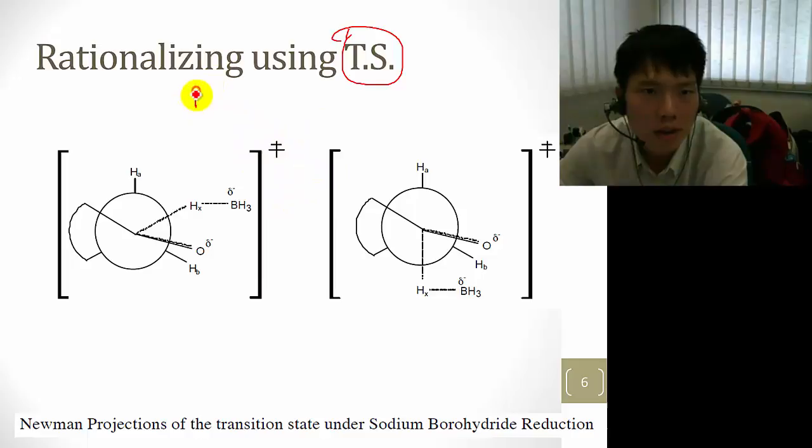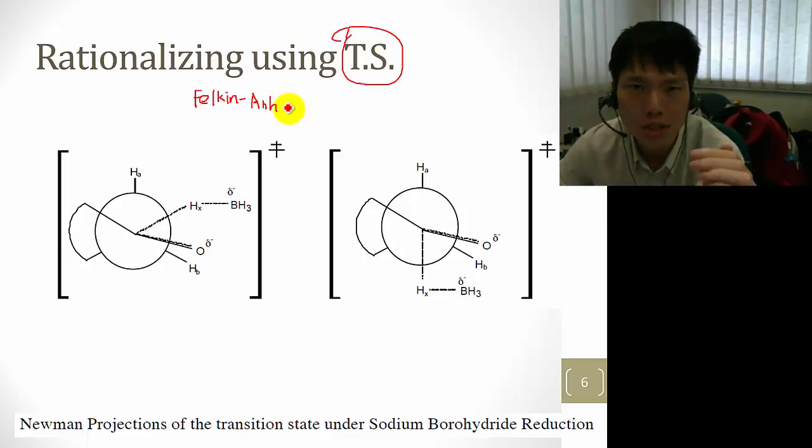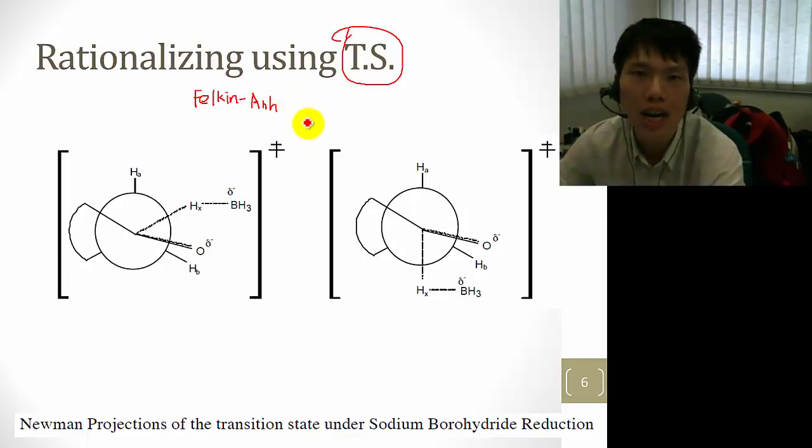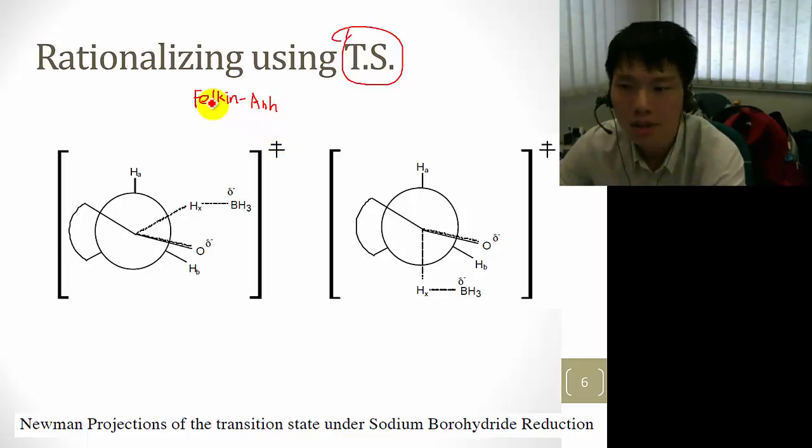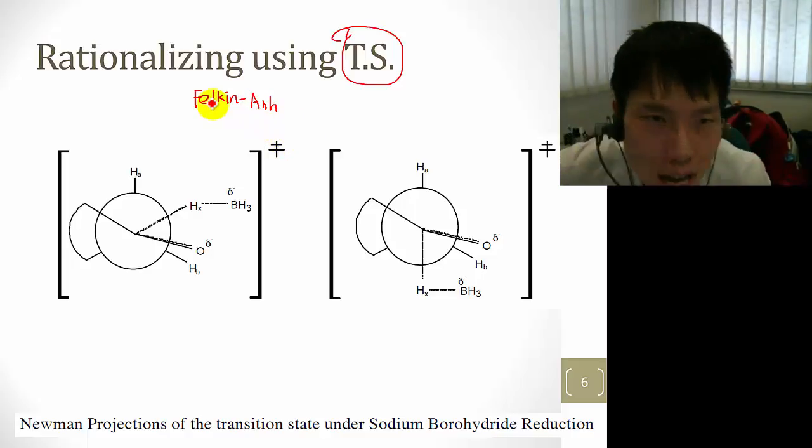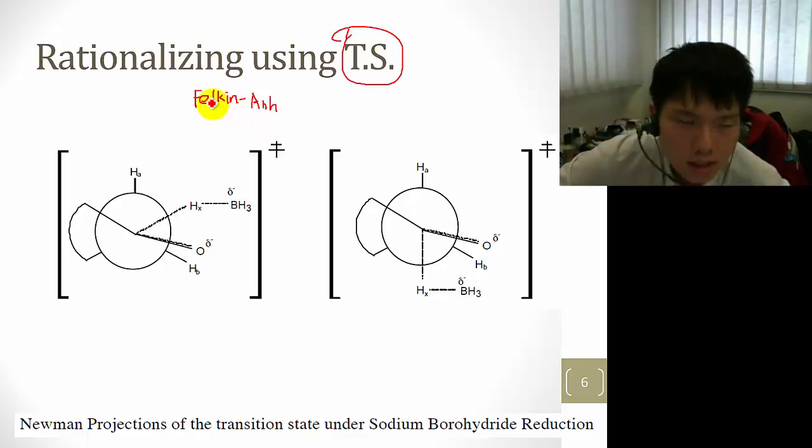We call this the Felkin-Anh model. If you learn organic chemistry, you have to know this model. The Felkin-Anh model talks about which trajectory the nucleophile is going to take to attack the sp2 hybridized carbonyl carbon. Here in the 4-tert-butylcyclohexanone, we have a C=O double bond.